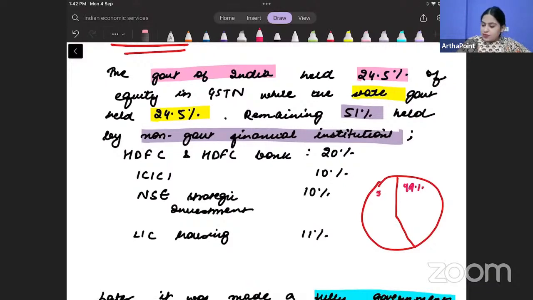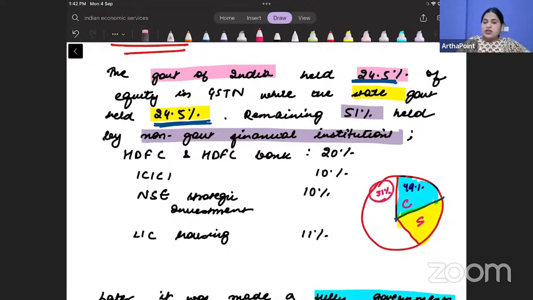This 51% is a little more than 50, right? This 49% is divided in two parts, half each. Half the share was with the central government and half with the state government. So we divide the 49% into exactly two parts, 24.5 and 24.5 each. This is with the center and this is with the state.